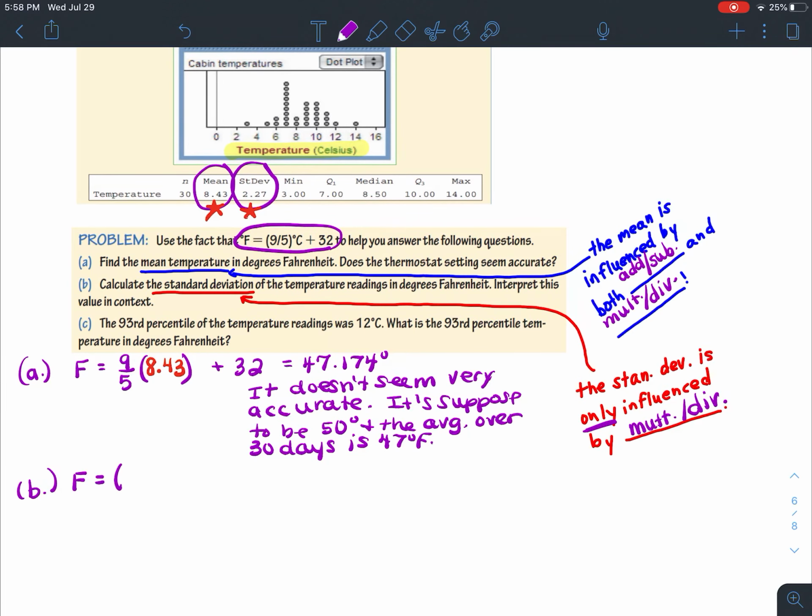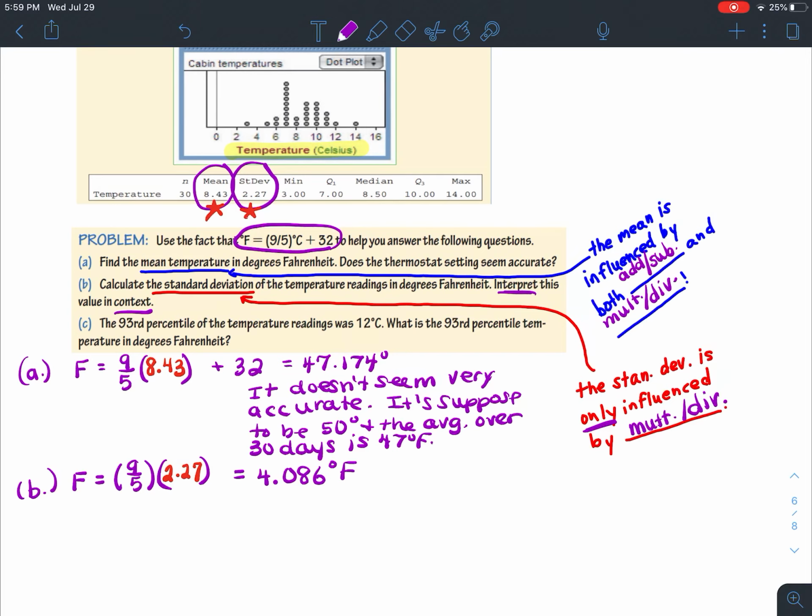This whole adding 32 is not going to impact it at all. So I'm not putting plus 32 at the end there. I'm just going to fill in the standard deviation of 2.27. That's going to give me a standard deviation in degrees Fahrenheit of roughly 4.086.